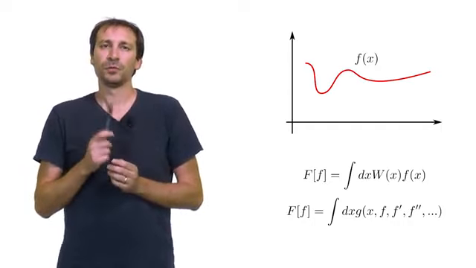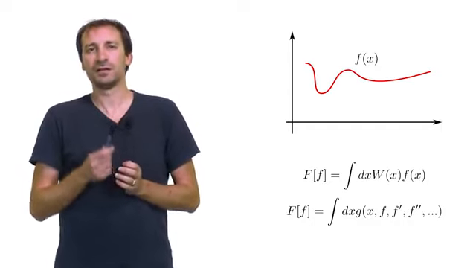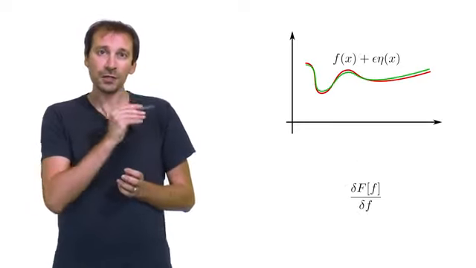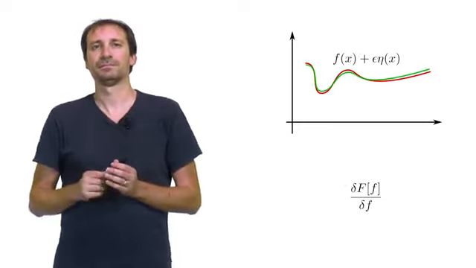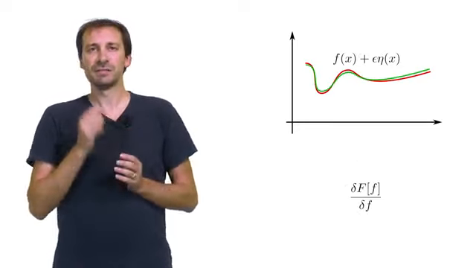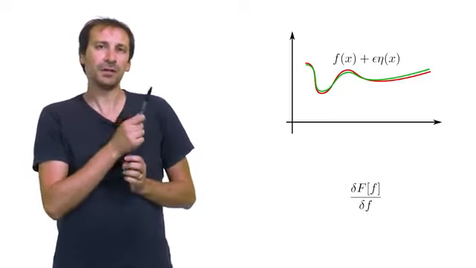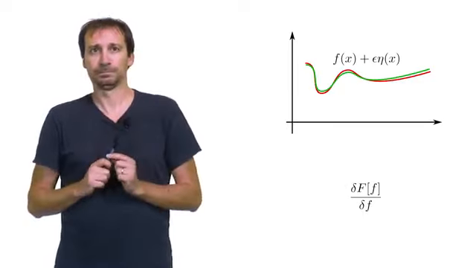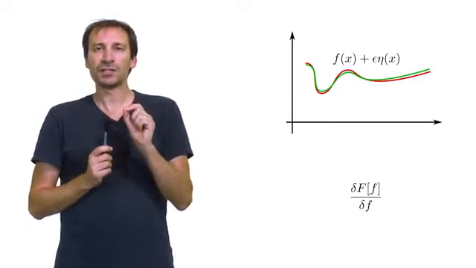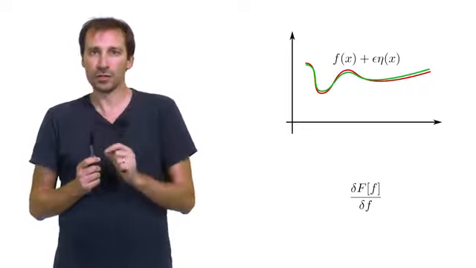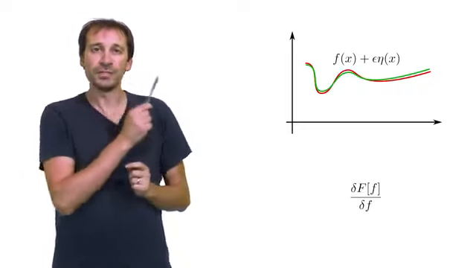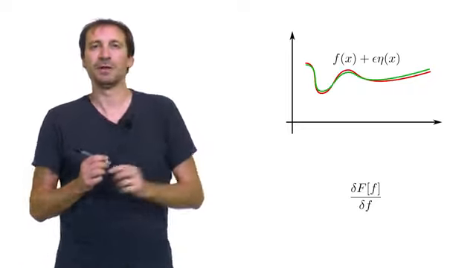And now, what we want to describe is how a functional changes when the function itself changes. So, let's imagine a small variation of the function, here described by epsilon times eta. And we ask, how much the final value of the functional changes when we consider small changes in epsilon?